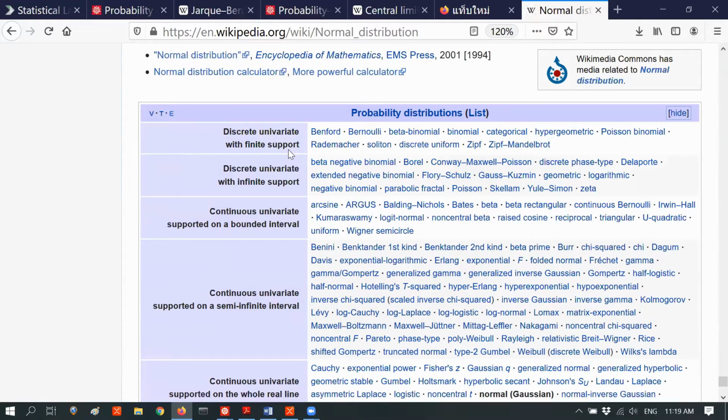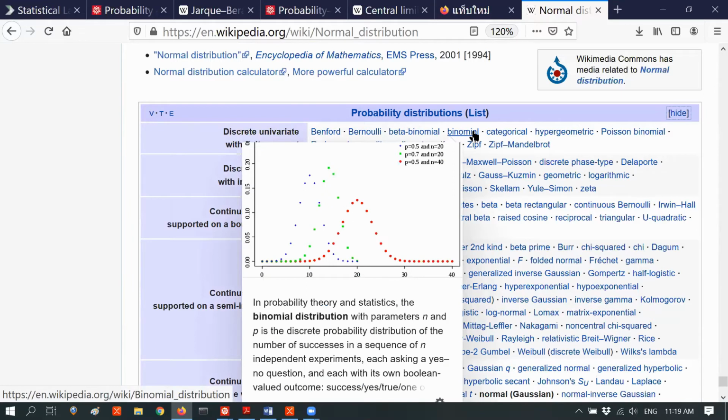So if I toss the coin 7 times, what is the support set? It is 0, 1, 2, 3, 4, 5, 6, 7. It's finite. So if I'm talking about binomial distribution, I'm going to look for discrete, finite. There it is, binomial.